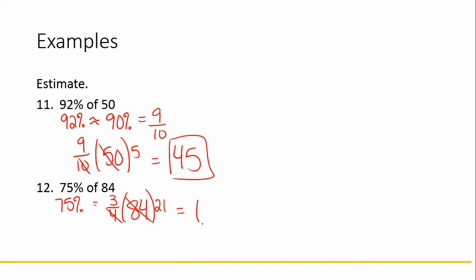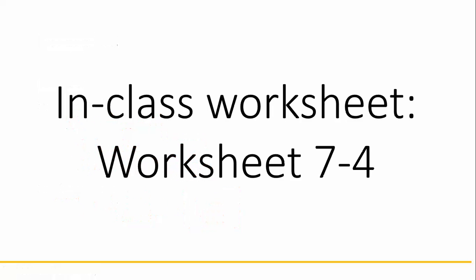And then 3 times 21 is 63. So this one isn't even really an estimate. This one should be exact. You could possibly take 84 down to 80, but that's kind of estimating a little far. You could also round 84 up to 85, but if you did that, 3/4 times 85, that's a little bit harder to do mentally. In class, we'll practice this some more with worksheet 7-4.